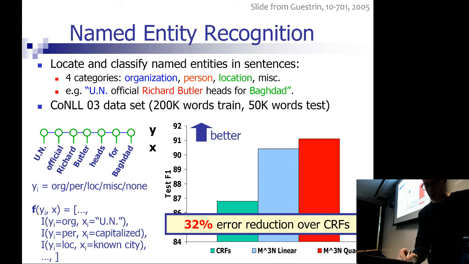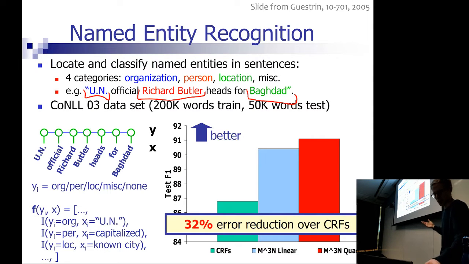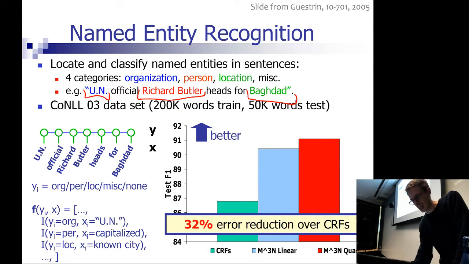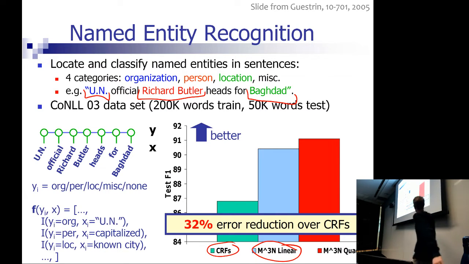So you would try to identify that the UN is an organization, Richard Butler is a person, and Baghdad is a location. And what's so interesting is that, using the same model, the structured SVM is outperforming the CRF.